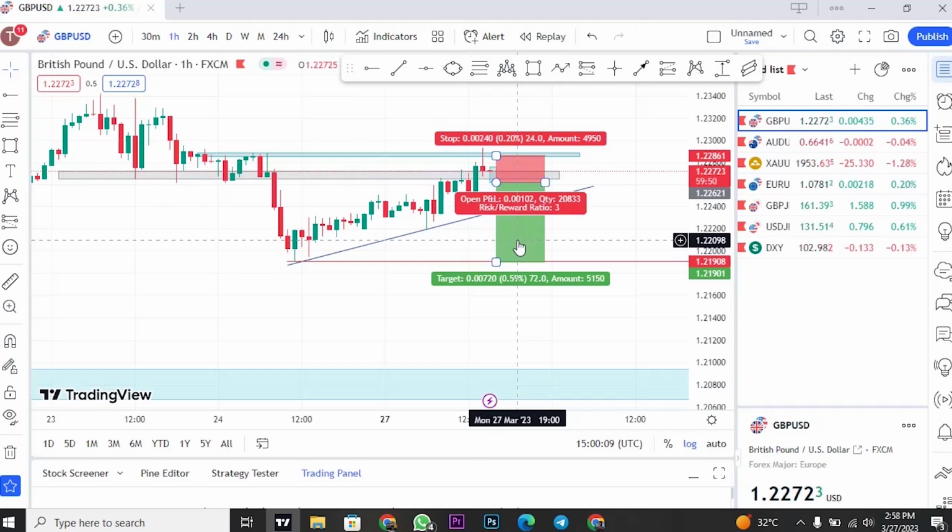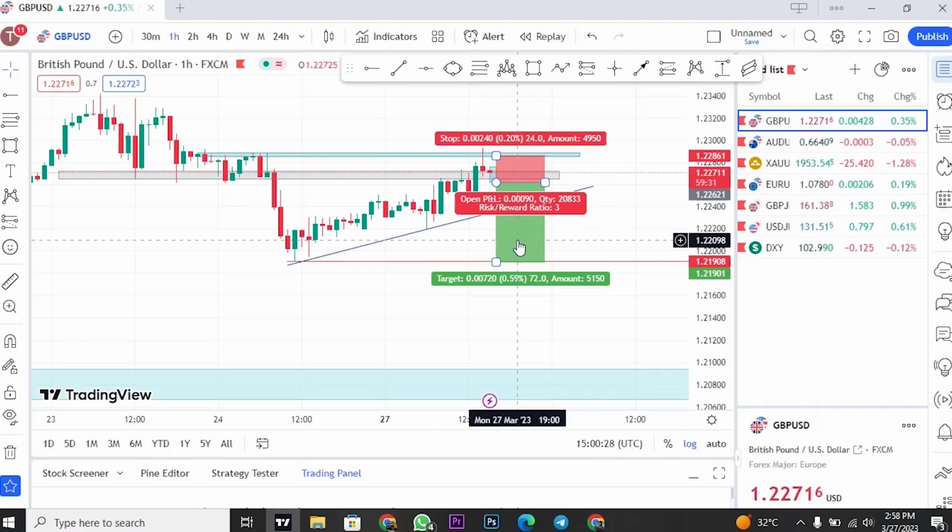We are risking only 24 pips, and we are getting 72 pips out of the market. Pretty cool setup on GBPUSD. I see a very clean setup on GBPUSD, which is really cool.